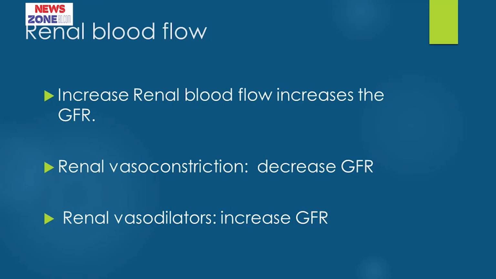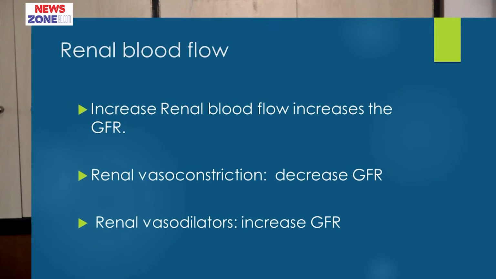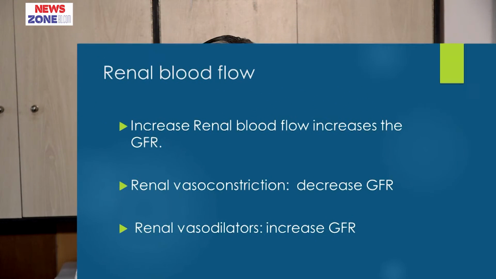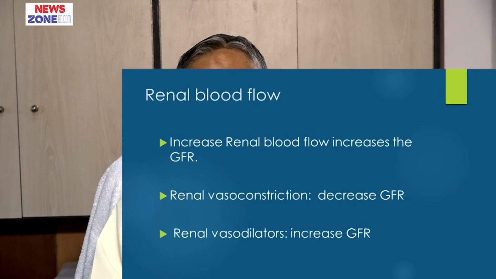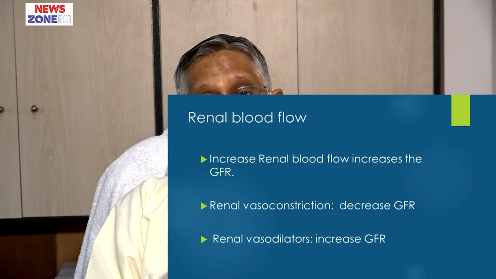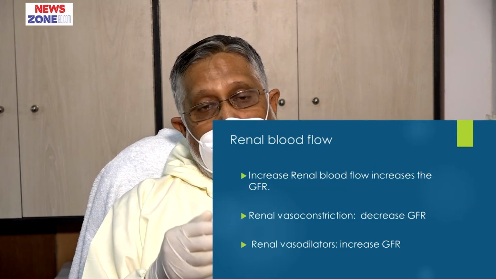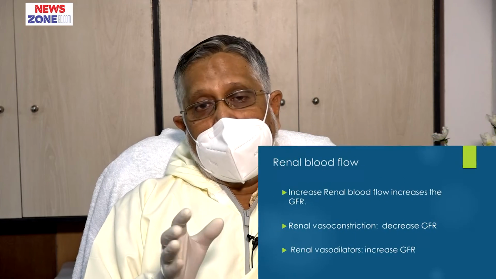So, if the renal blood flow increases, then also the GFR will increase. In case of renal vasoconstriction, GFR will be less, and in case of renal vasodilatation, GFR will increase. This is directly proportional. So, these are the factors. Numbers 1, 2, 3 are very easy for you.